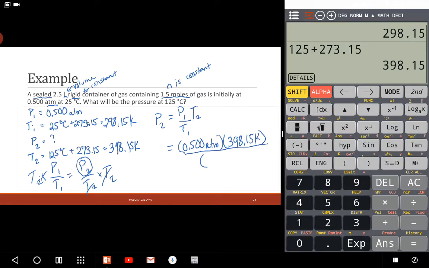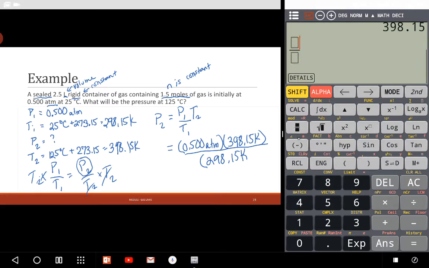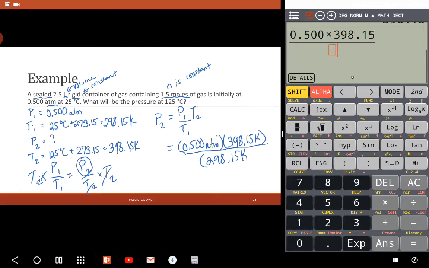And then T1 is 298. So if I type that into my calculator, I have 0.5 times 398.15 divided by 298.15.